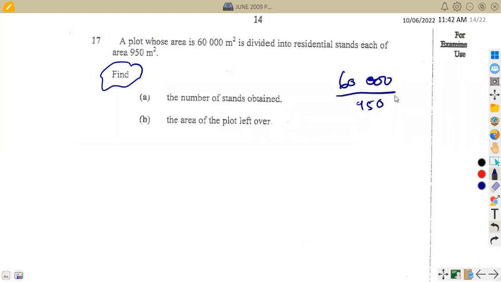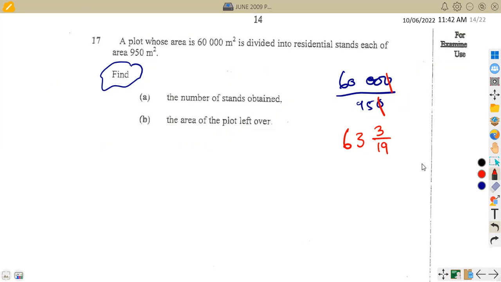In this case, guys, I'm not going to divide everything here, but that's what you're supposed to do. I'm just going to use my calculator, but you're not supposed to use a calculator, guys. 60,000 divided by 950, I'm getting 63 and 3 over 19.